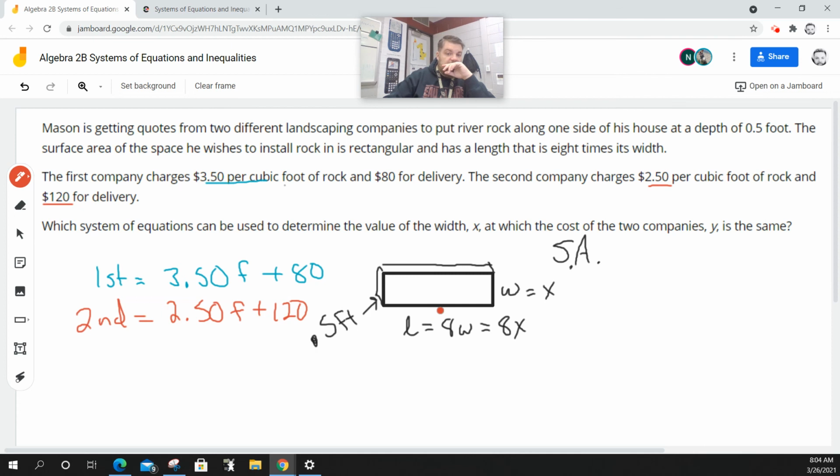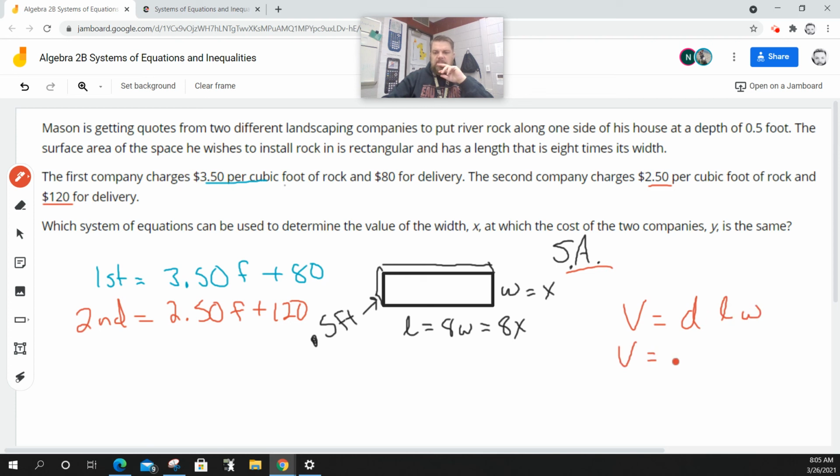Okay. But basically, when we talk about cubic feet, we need to know the volume of this thing. So the volume of this area is the depth times the base or surface area, which I think is the incorrect term to use, but it could be the depth times the length times the width.